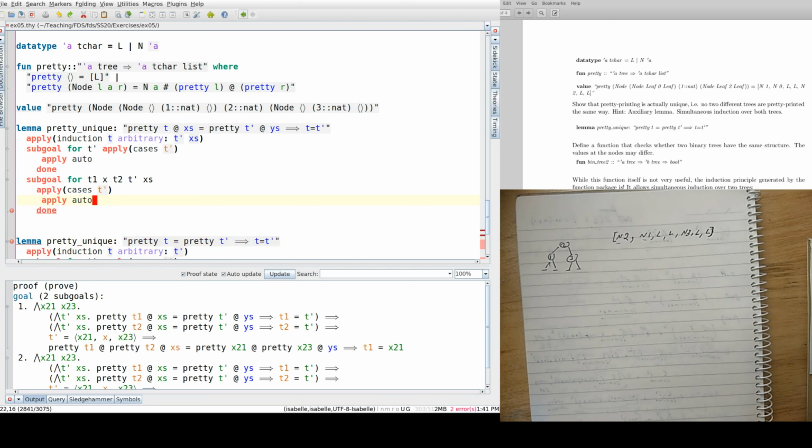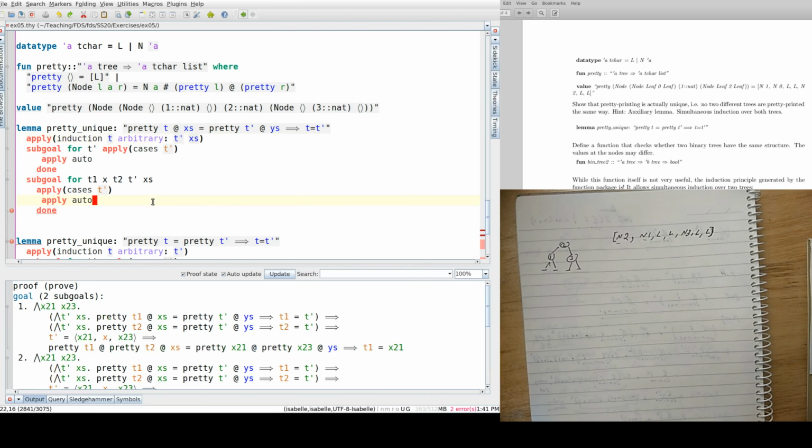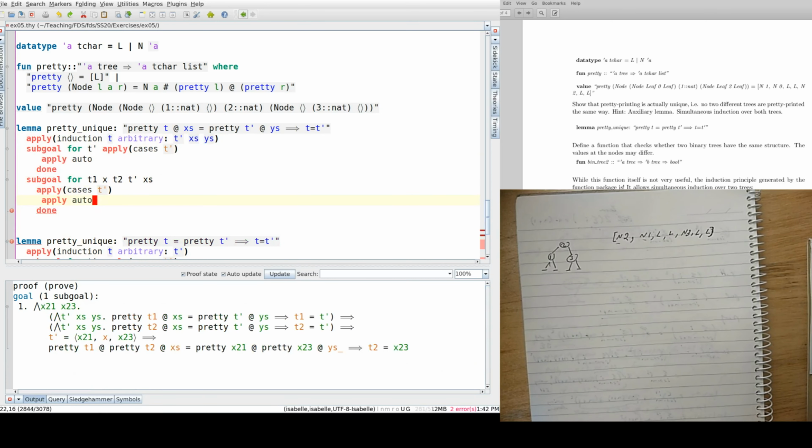Okay, so it's still. So what do we need there? Yeah, we need to generalize over y's as well, of course, because we need to instantiate. We need to substitute this for that in order for the induction hypothesis to work. So y's. So let's see now. So the first subgoal is gone, and I think that the second one should also be gone. So let's look at it.